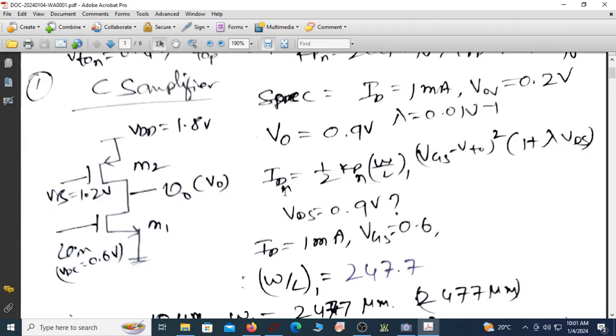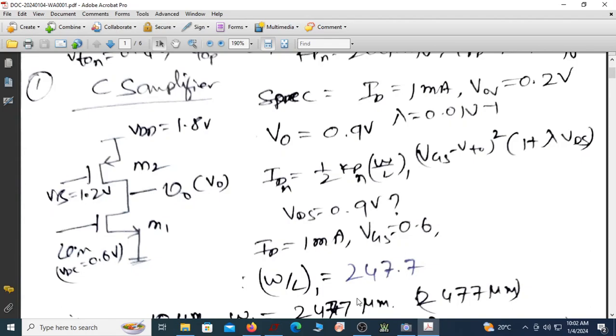Enter these values in your calculator and find out what W by L is. Substitute 1 milli equals half, Kp of n which is 200 micro, W by L as the unknown, 0.2 whole square, open the parenthesis, 1 plus 0.01 into 0.9. Do shift calculate.